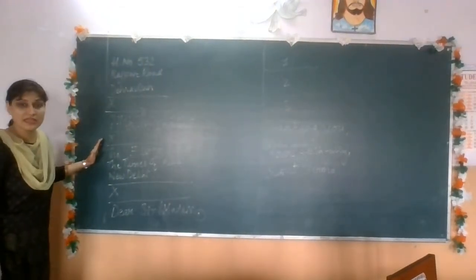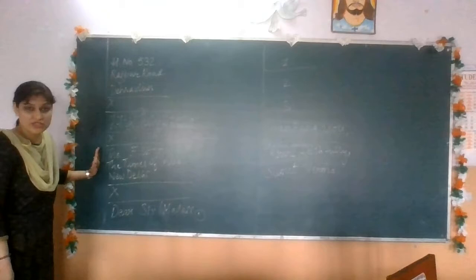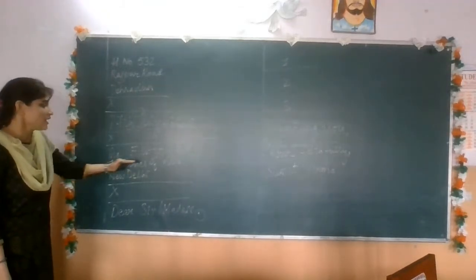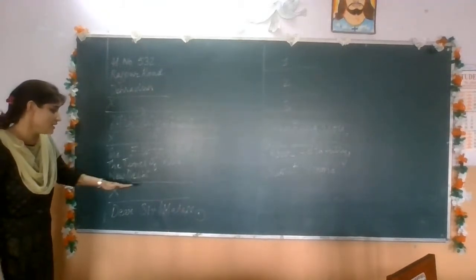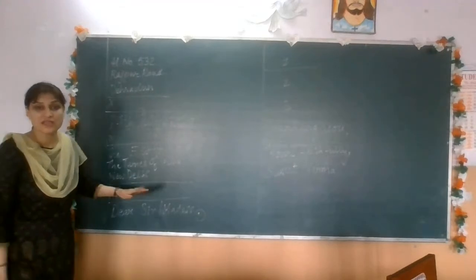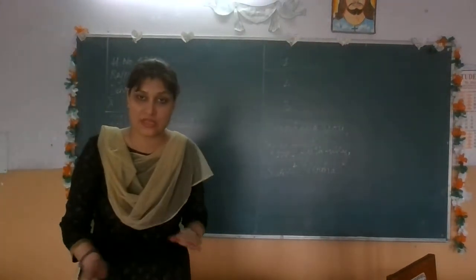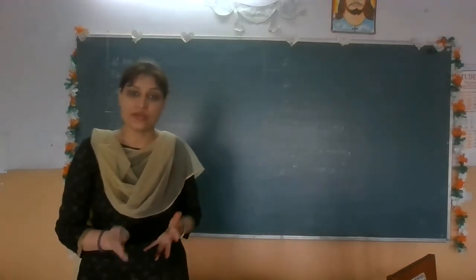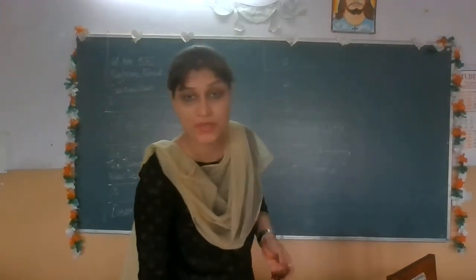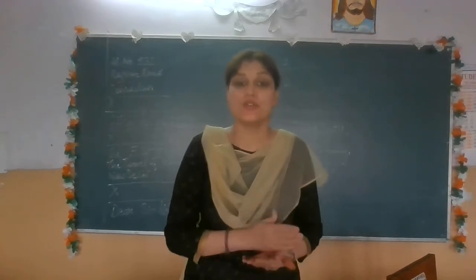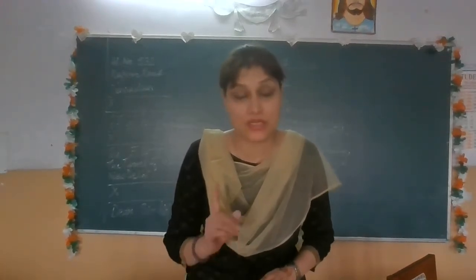You leave a line again, come to this part. The receiver's address: the Editor, Times of India, New Delhi. Understand, you don't have to write the lane number, the house number, the building number, nothing. For example, if you're writing a letter to your principal, you just have to write the Principal, St. Jude School, Dehradun.